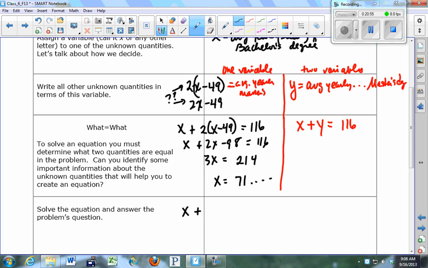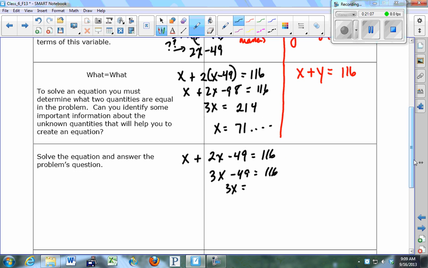X plus 2x minus 49 equals 116. 3x minus 49 equals 116. 3x equals, now add 49 to that, what do you get? 167. X equals, 3 goes into that 5 times 50. Oh, thank you. Yeah, that's a lot nicer. 55.